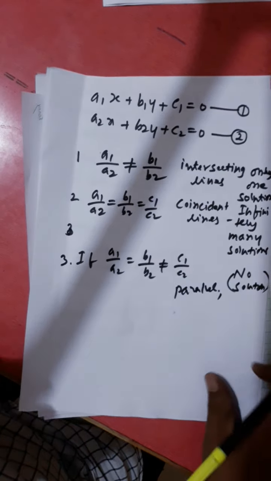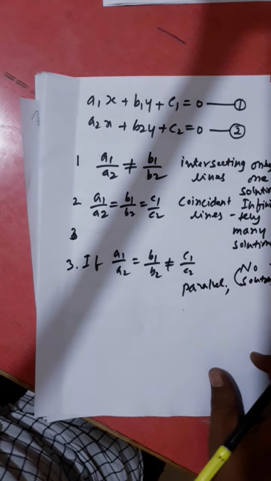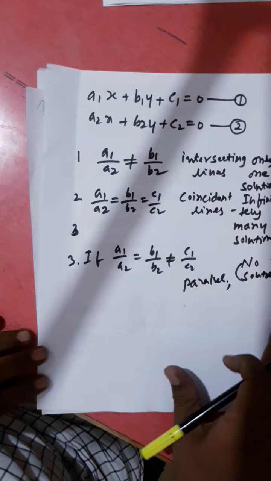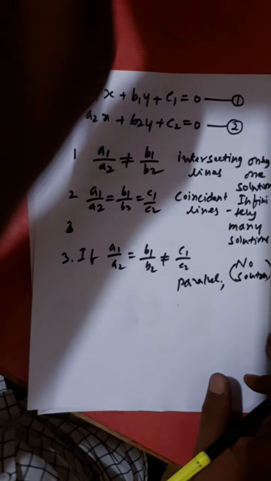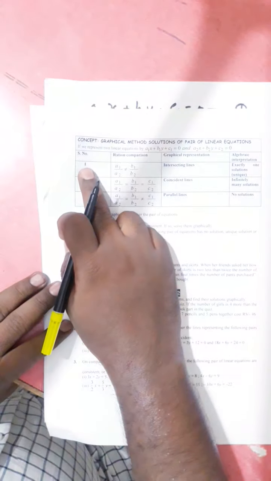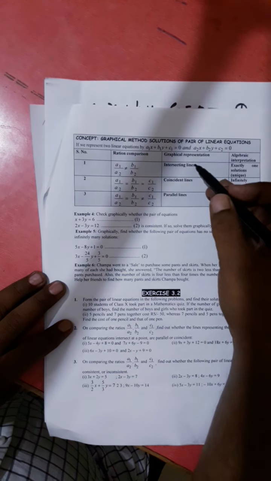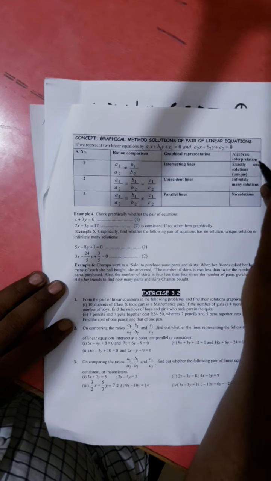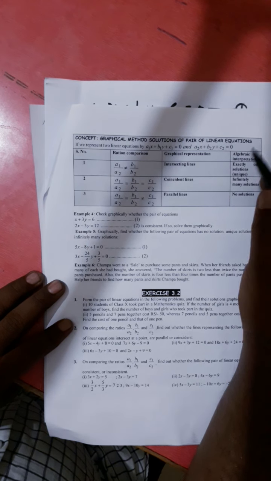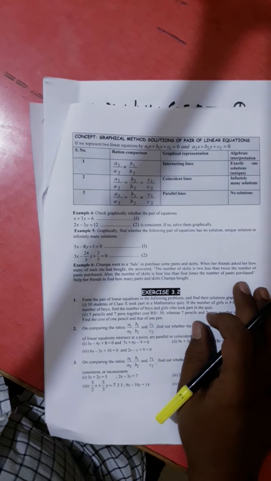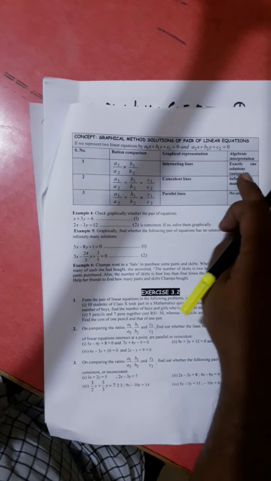Make a note of all these things in a tabular form like this. Serial number, then ratio comparison, then graphical representation, then algebraic interpretation. That means how many solutions?